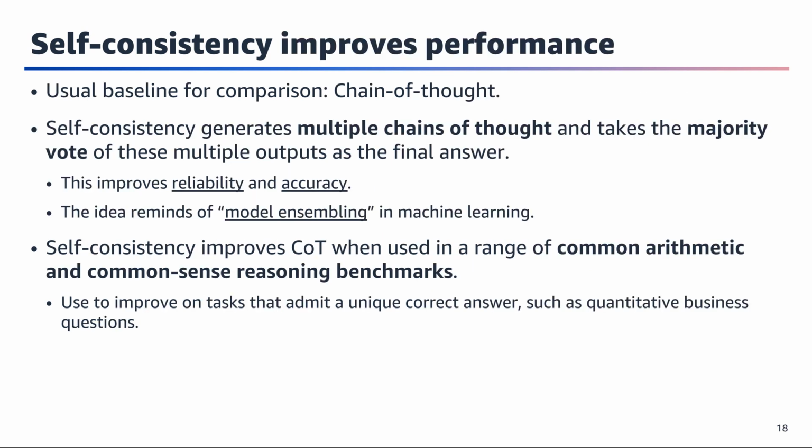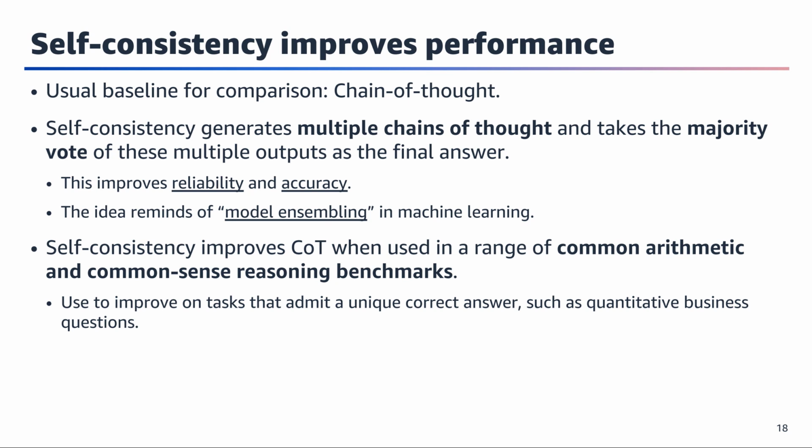Self-consistency improves performance by generating multiple reasoning chains and taking a majority vote across their outputs. This approach enhances reliability and accuracy compared to relying on a single chain of thought. The idea is reminiscent of model ensembling techniques in machine learning, where multiple models contribute to the final prediction.